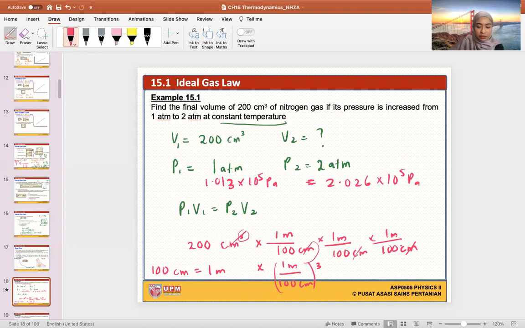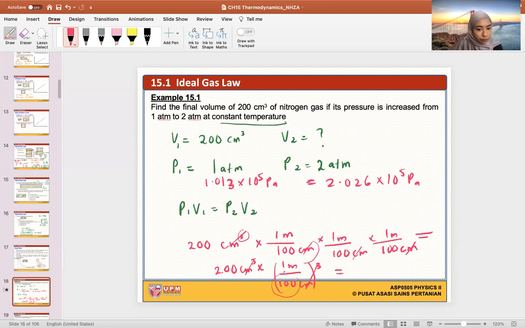It's actually the same. So this is 200 centimeter cube. Centimeter cube cancels out. I am left with meter cube. This 100 needs to be cubed as well for you to solve this. Okay. So this is the long method, same answer. The short method, but take care to really multiply everything. To really cube everything.